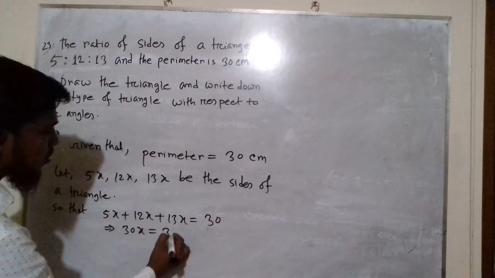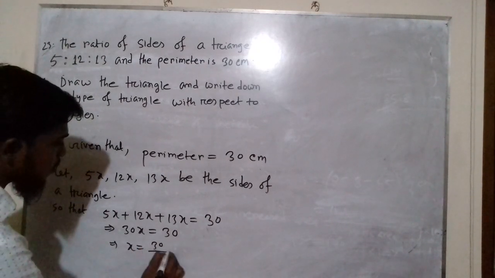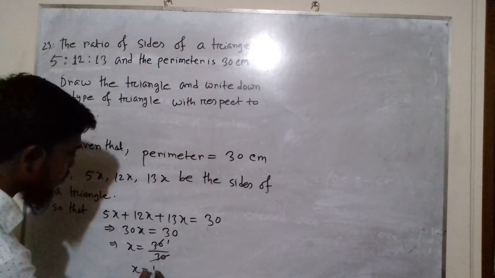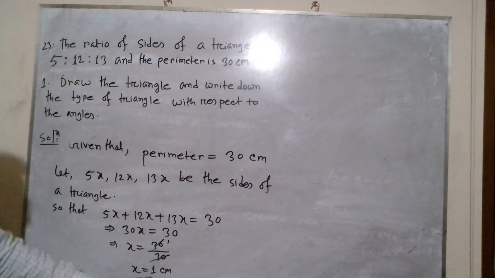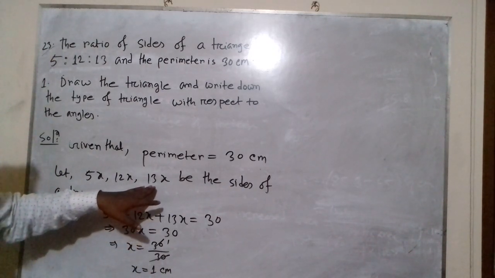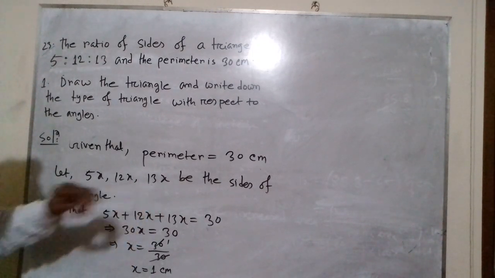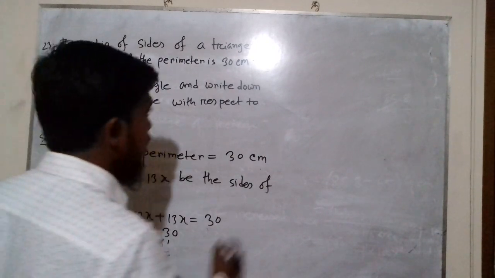This implies 30x equals 30, x equals 30 divided by 30. x equals 1 centimeter. If we put x equal to 1 centimeter in 5x, 12x and 13x, then we will get the required sides of this triangle.